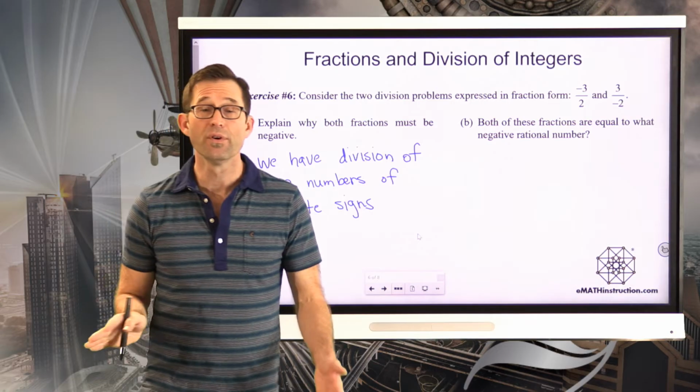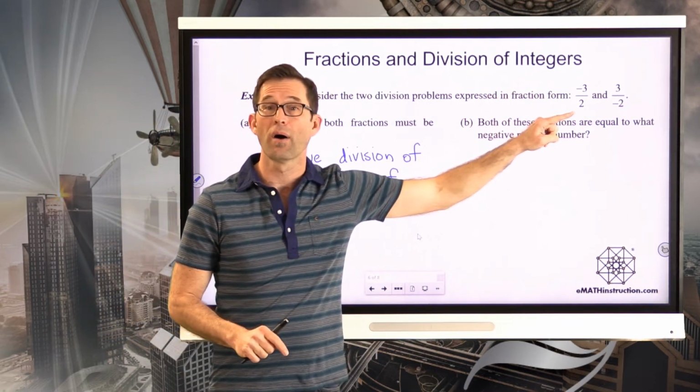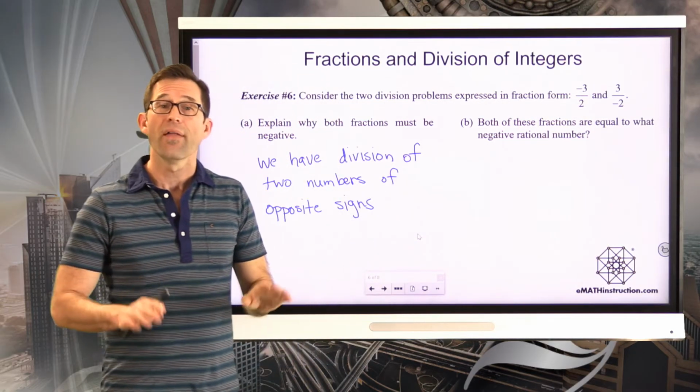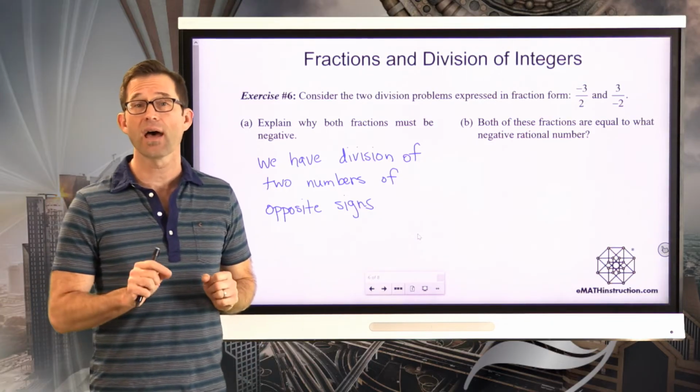That's it. We have division of two numbers that have opposite signs. In this case, we have a negative divided by a positive. In this case, we have a positive divided by a negative. And that means that the overall fraction must have a negative value. It has to have a negative value.